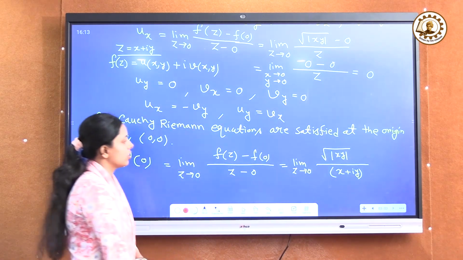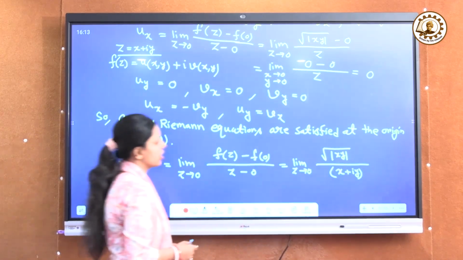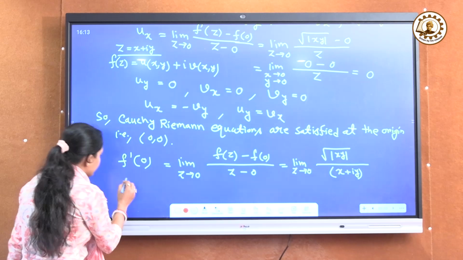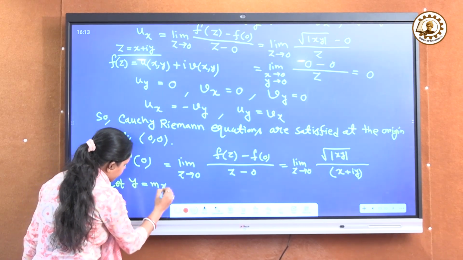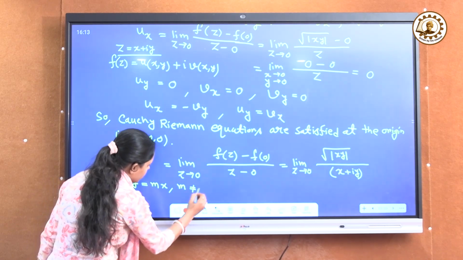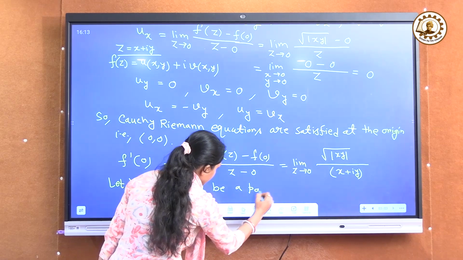Now we take a path to calculate this limit. Let y equal to mx, where m is not equal to 0, be the path we choose.